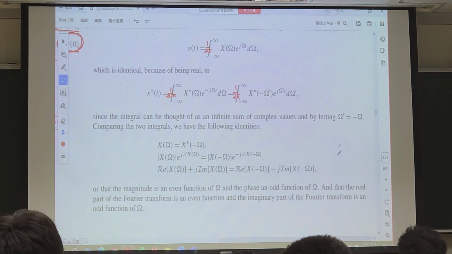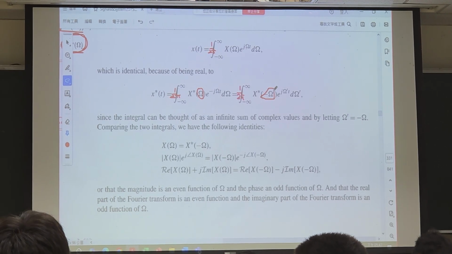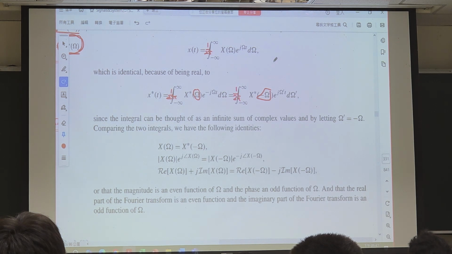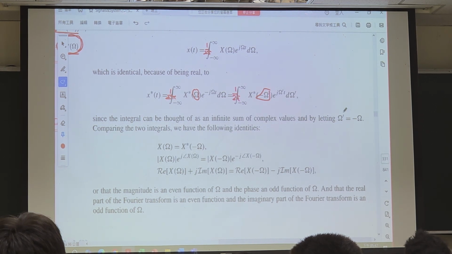Now if we go back to the previous proof, I think the thing I missed is, here I replace omega by negative omega. Negative omega prime is fine. And then, here.